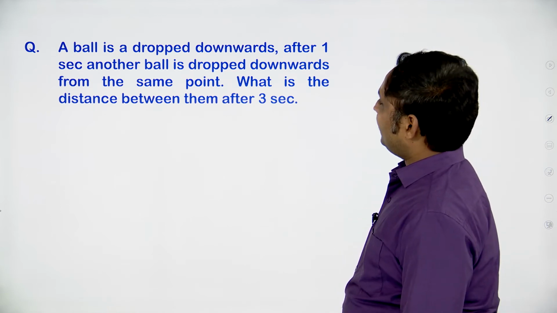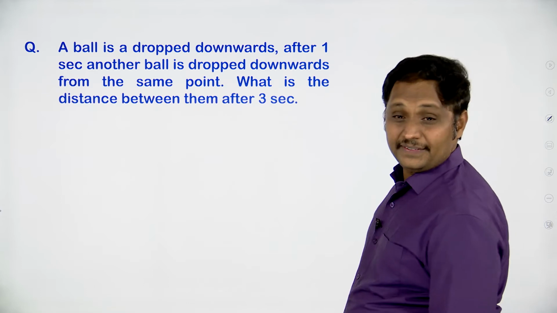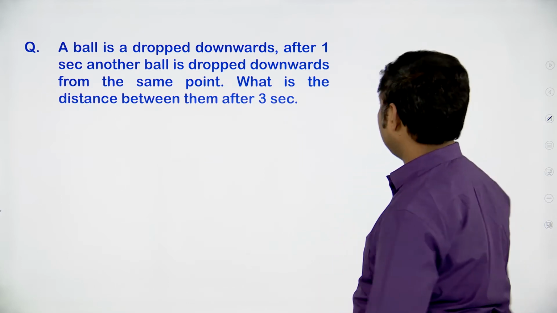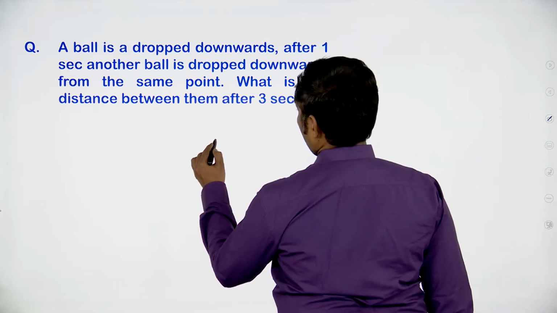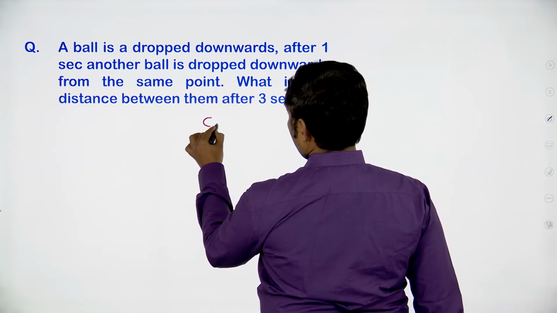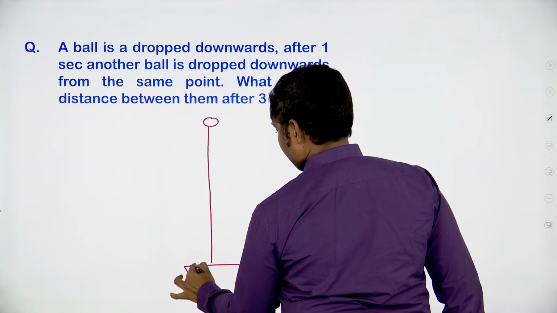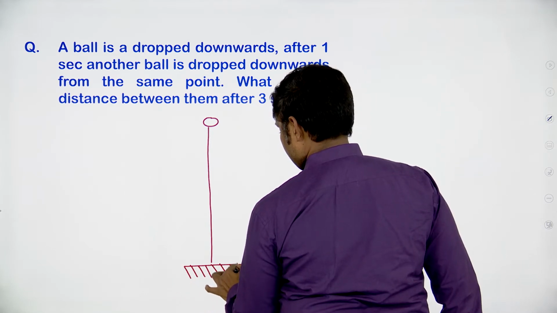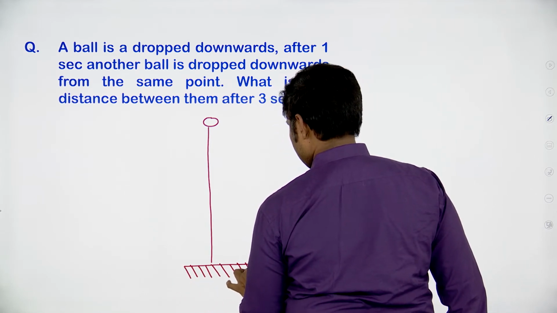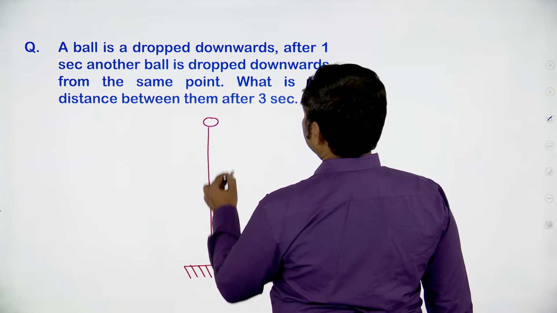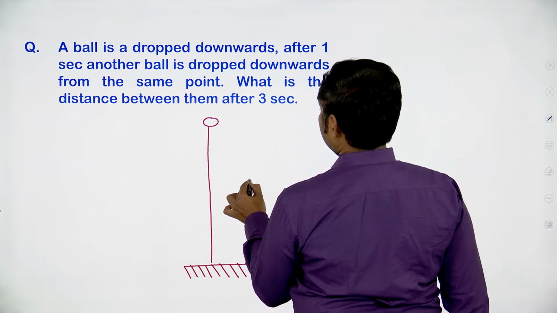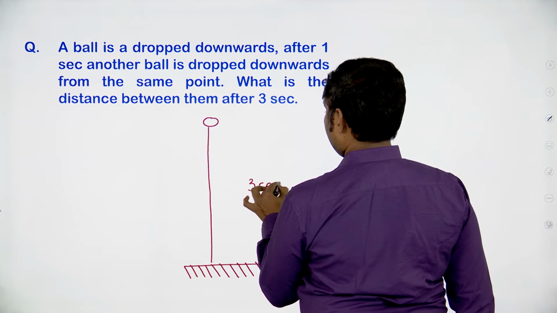What is the distance between them after 3 seconds? You have to take that one ball which is released. It will reach the ground. So you will take 3 seconds.